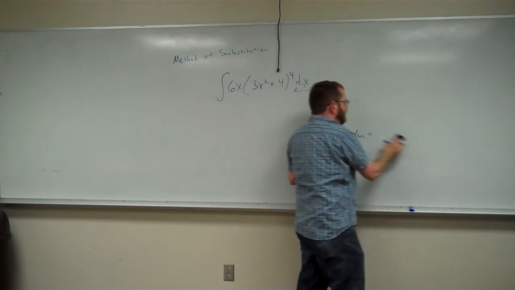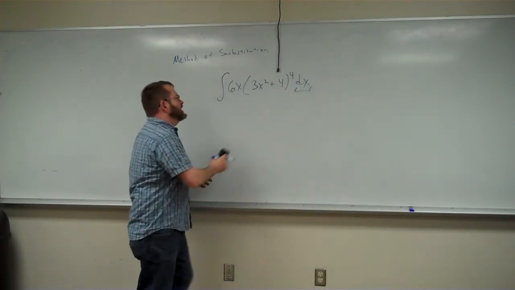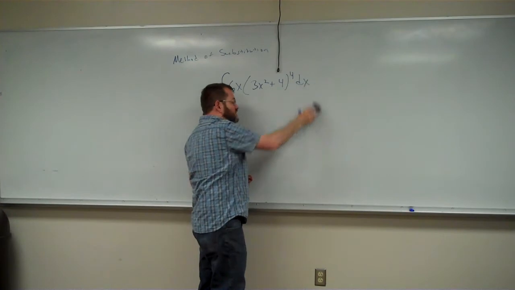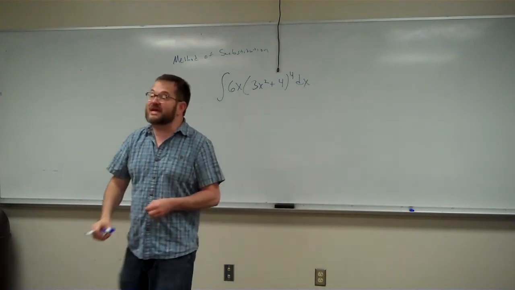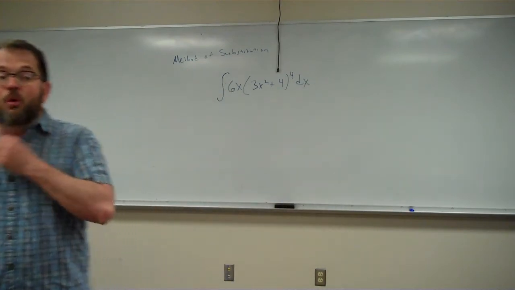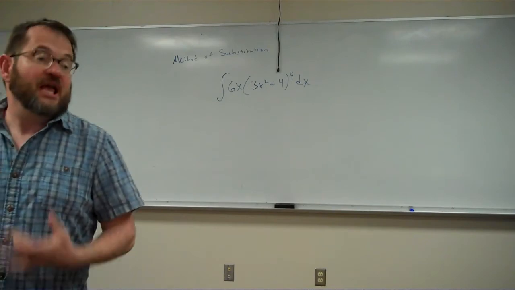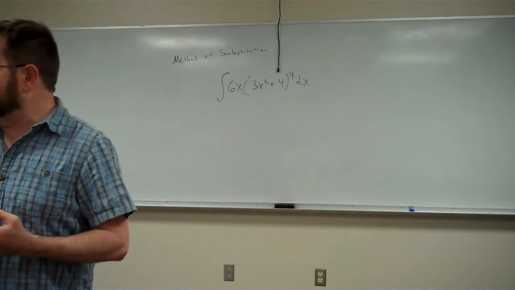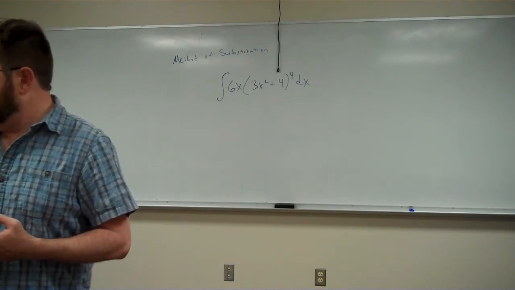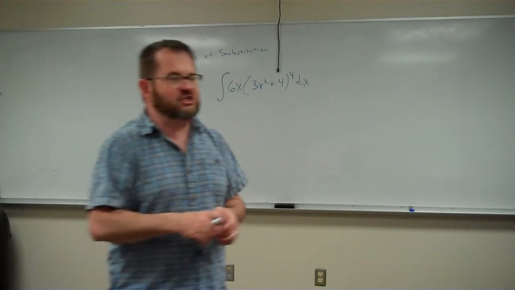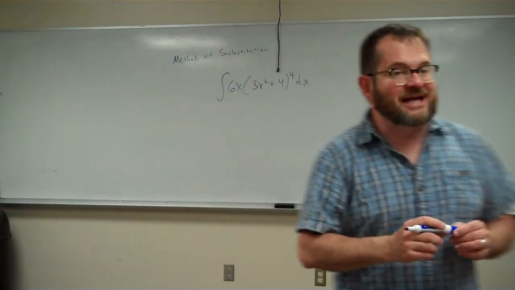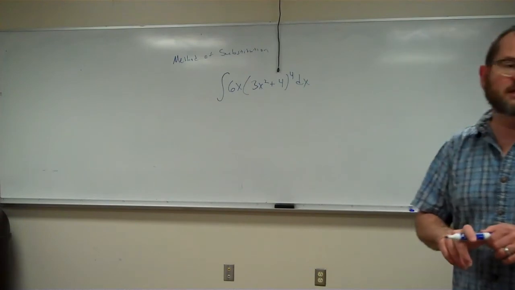Let's do an example of that using this right here. Now, in some of the problems you're going to be doing on the homework set, they give you what that substitution is, and they want you to walk through how to do this problem. In other cases, you have to figure the substitution out yourself. You have algebra, trig, pre-calculus type classes in your life where you have discovered that sometimes that's hard.